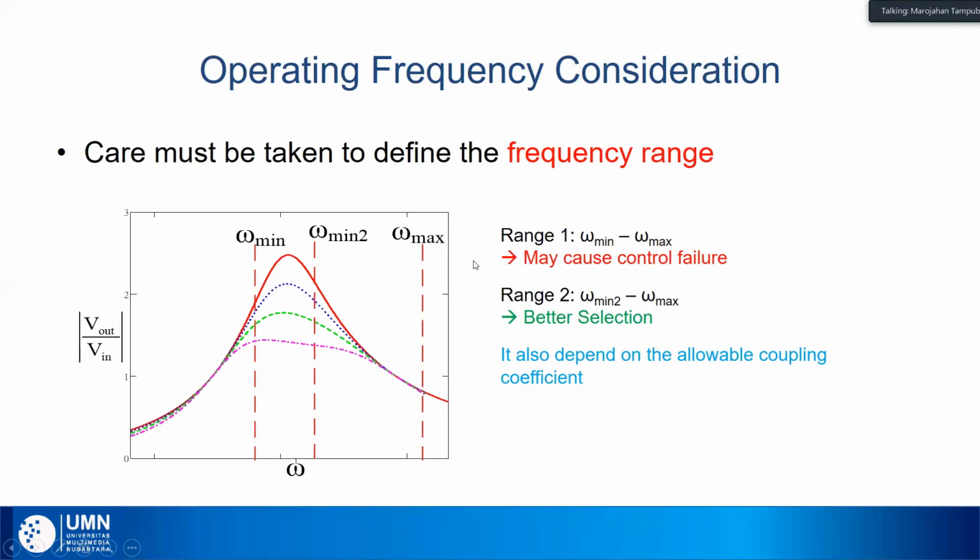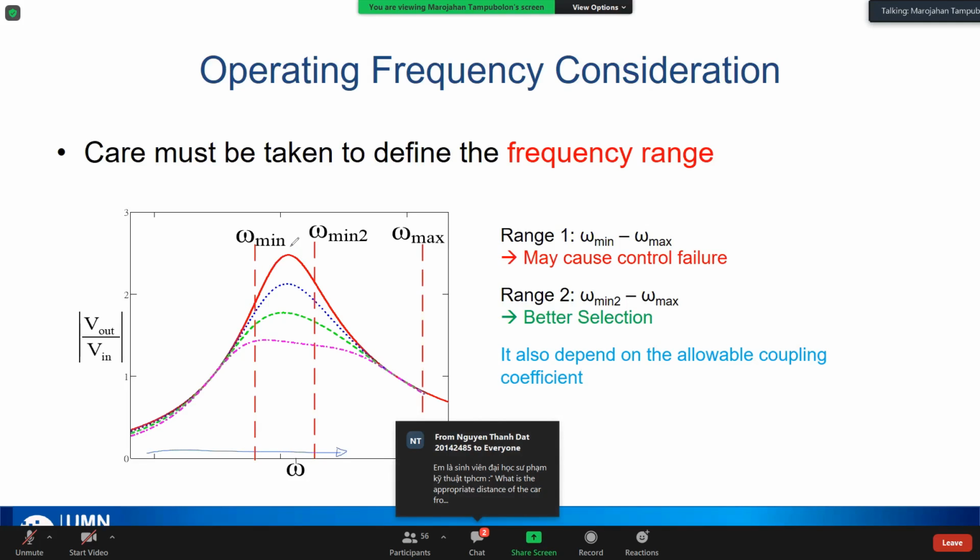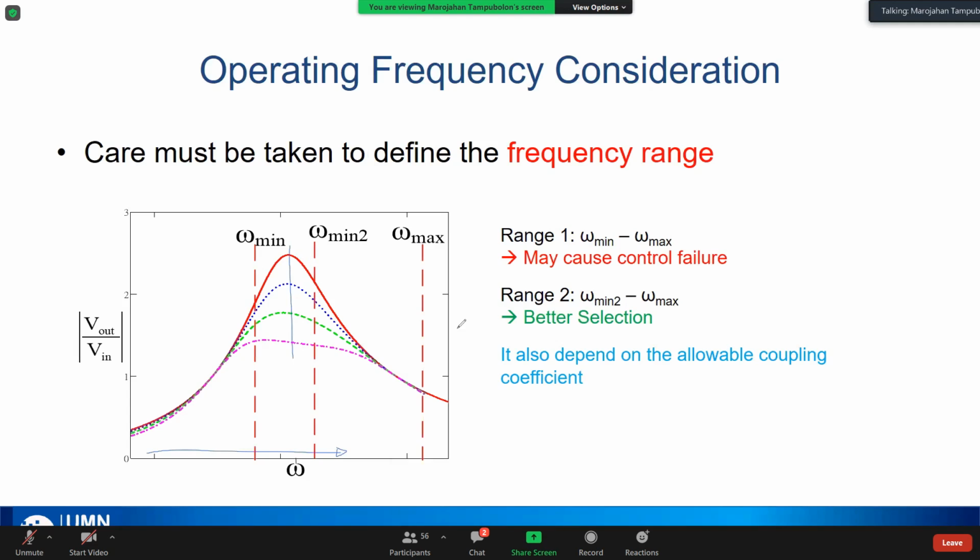And how about the operating frequency? As we can see in this graph, when the frequency increases from a smaller one to a higher one, you can see that the voltage gain increases until this point here, and after that the gain decreases. So the question is, how can we choose the frequency if we have this kind of system?